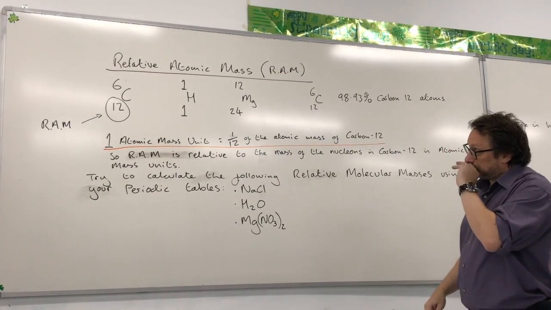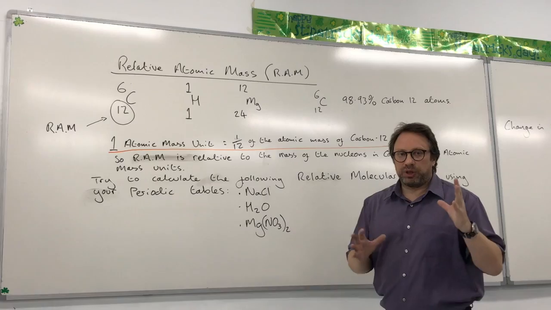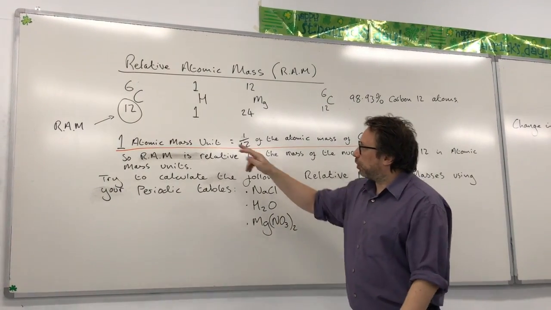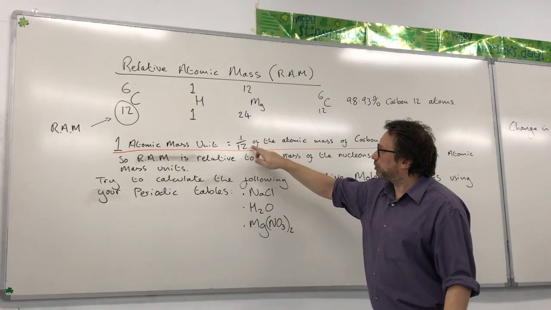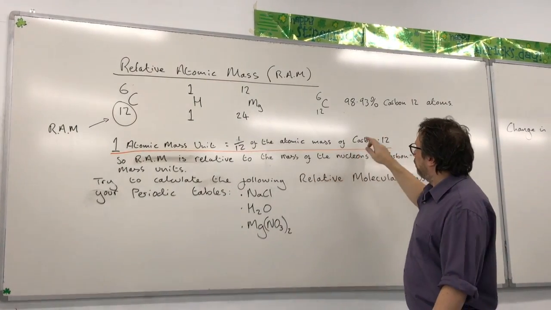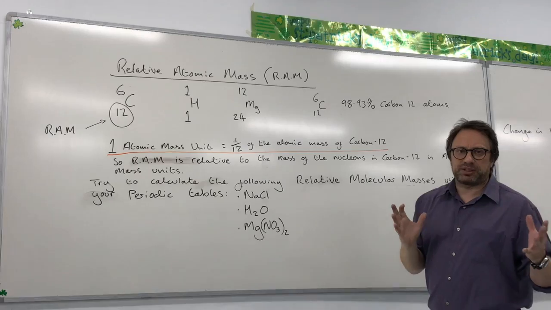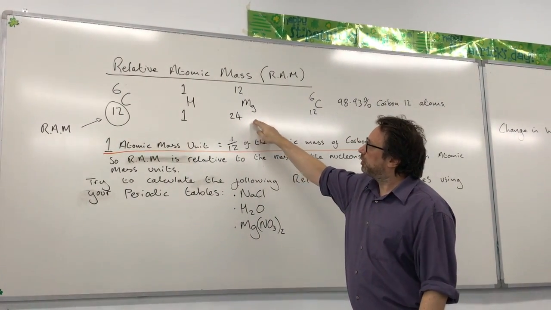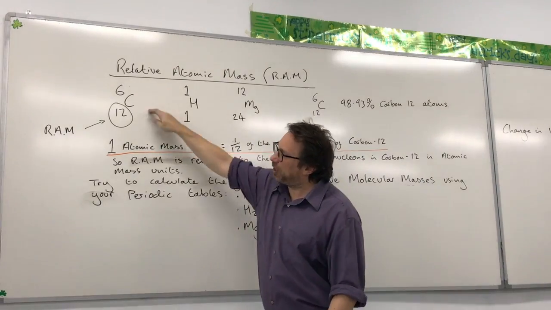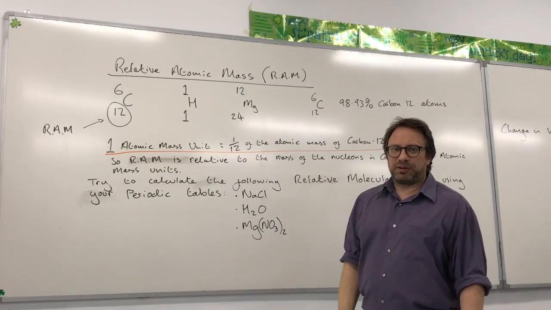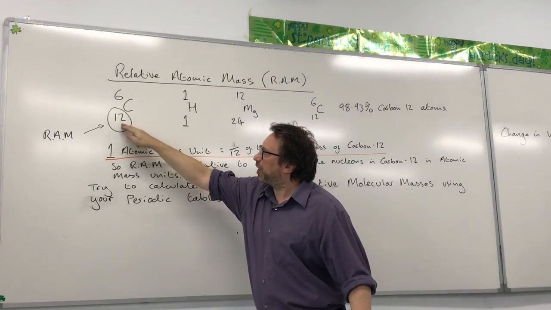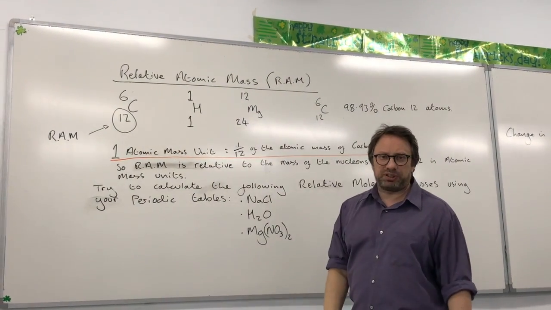Now, we're not ignoring the electrons. That was by design. So one atomic mass unit is 1/12 of the atomic mass of carbon-12. We can make some relative calculations. An atom of magnesium is twice the mass of an atom of carbon-12, so its relative atomic mass needs to be 24.